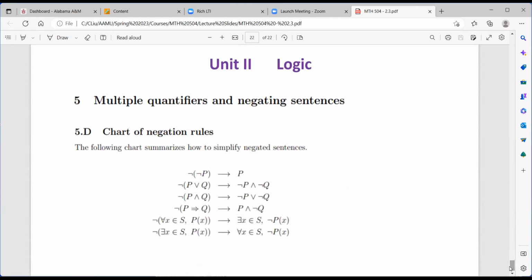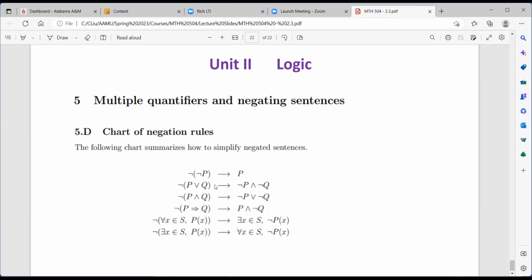So the last thing about this section is just a summary of the negated sentences. All right. So we have 6 rules in here for negation that can be very useful in symbolic logic when you try to simplify the statements or sentences when you try to do some problems.